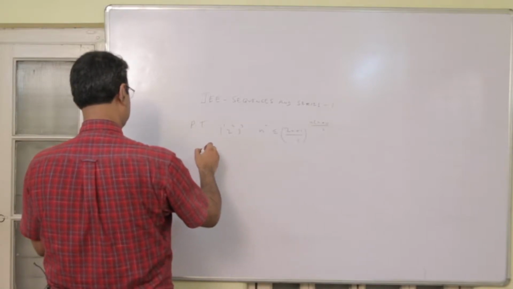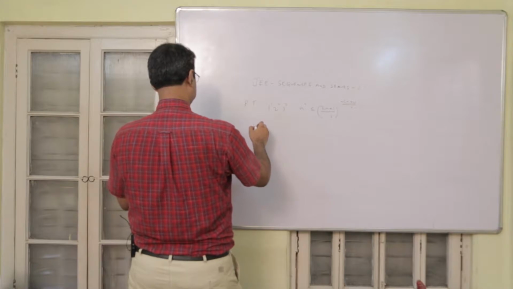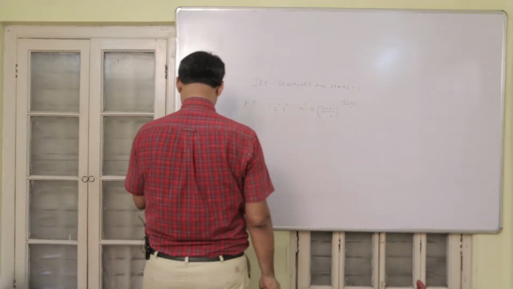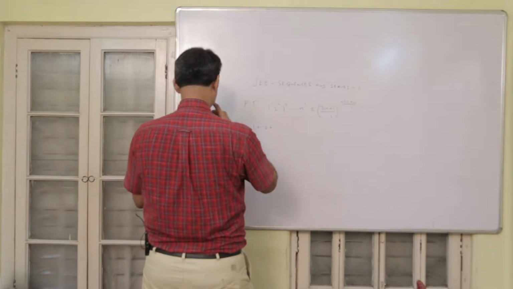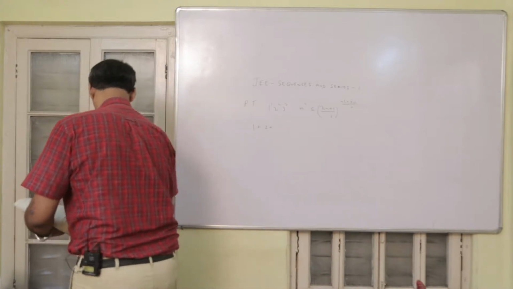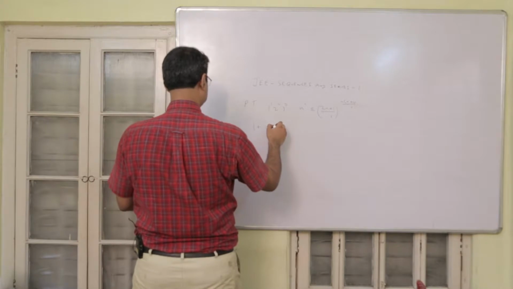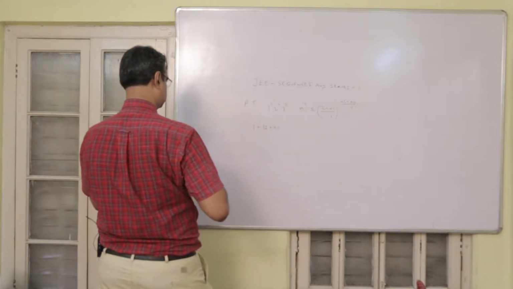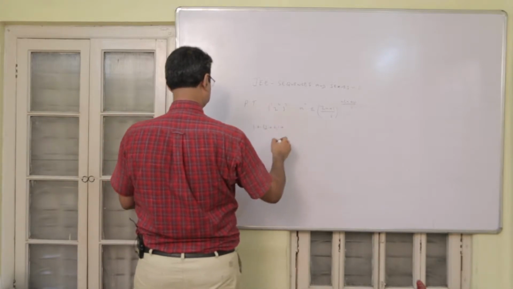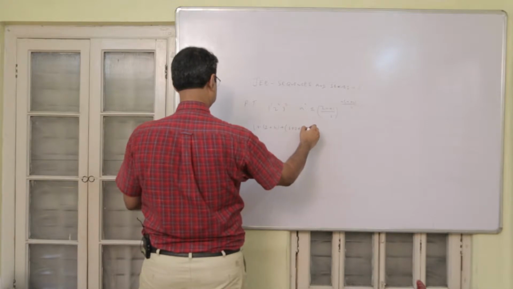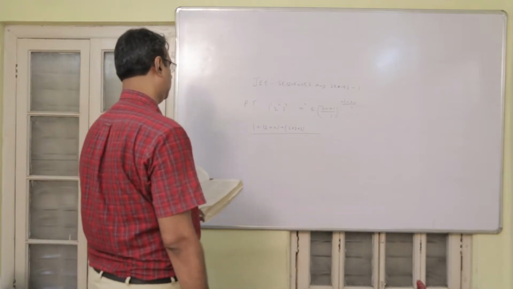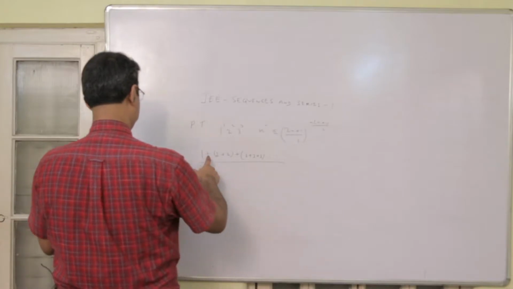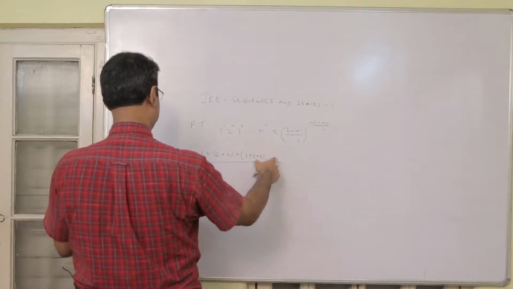So you begin with AM-GM. We will write one series like this: 1 plus 2 plus 2 plus 3 plus 3 and so on.